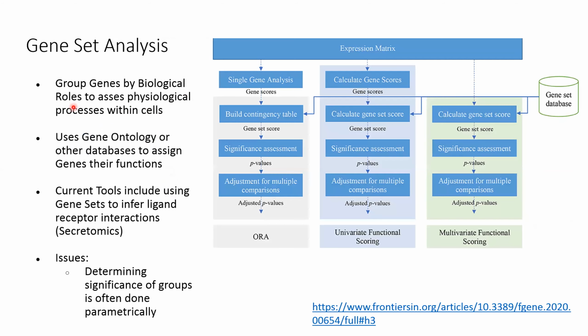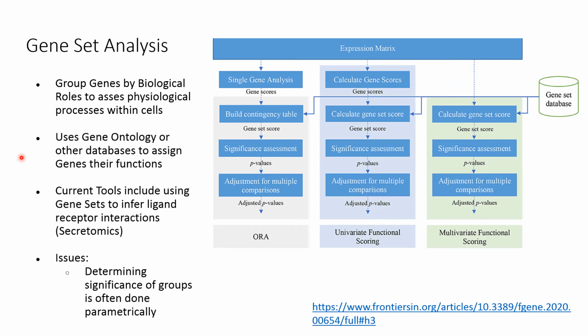Okay, so once we've collected our sets of differentially expressed genes from each cell cluster, they might be pretty long lists. So something that can be useful to do is perform a gene set analysis. So essentially researchers plug in the differential expression results into the GO database, the Gene Ontology database.